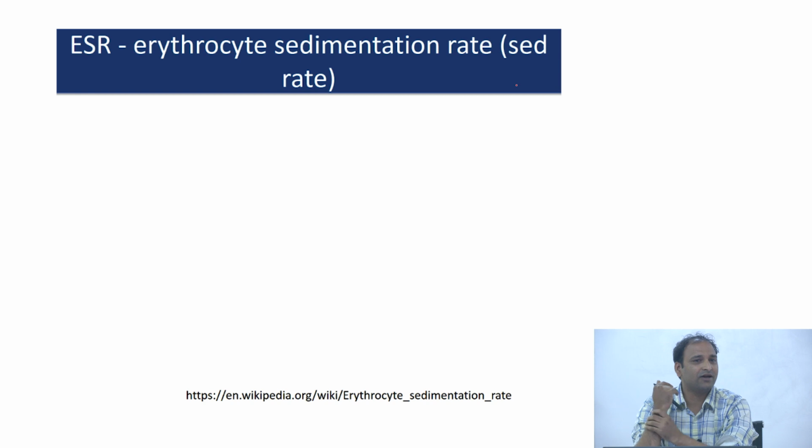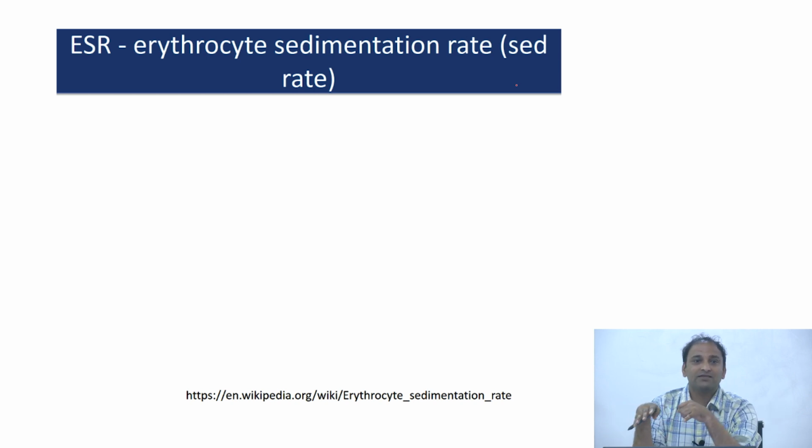It's a test that is done when somebody goes for a diagnosis. What they do is they take a small amount of blood sample, and one of the tests that they do is this sedimentation measurement. The experiment basically involves taking blood in a small capillary. You just let it sediment, and looking at the sedimentation rate, you can tell something about whether the blood belongs to a male or a female, somebody who's young or old.